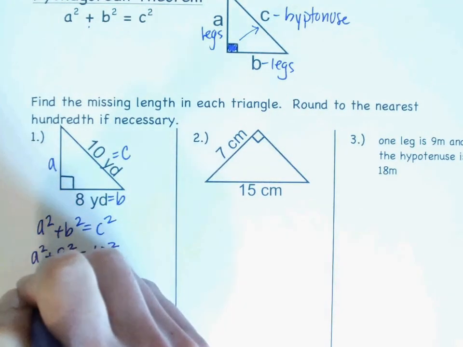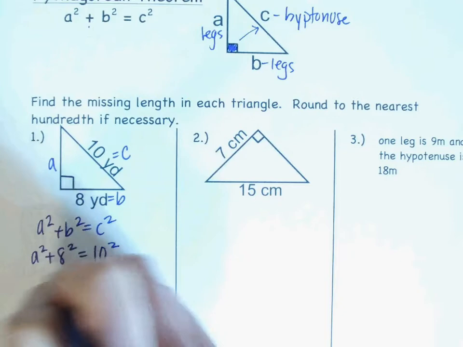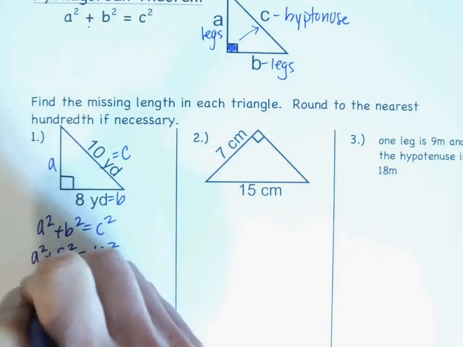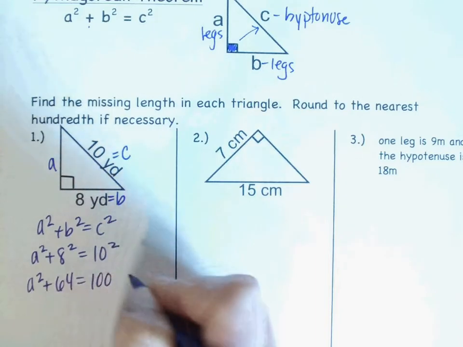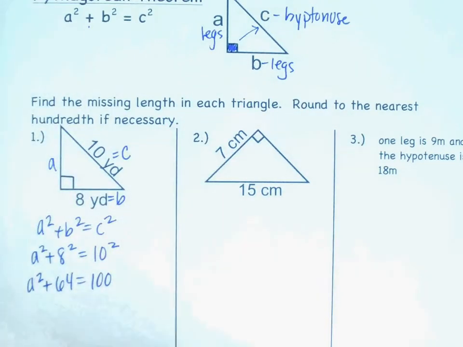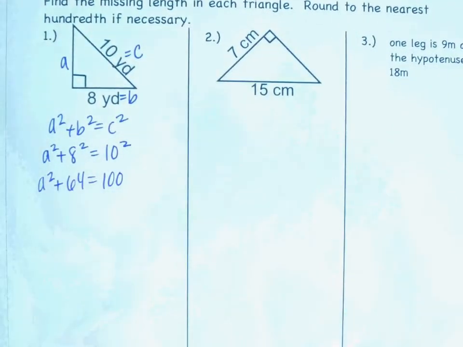And so we'll go ahead and square everything on this next step. 8 squared is 64, 10 squared is 100. Okay, getting a little ahead of myself on this one. Our goal is to solve for A, so we're going to try and get A by itself, and our next step to get A by itself is we're going to do the inverse of plus 64.